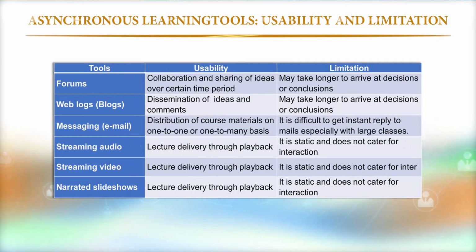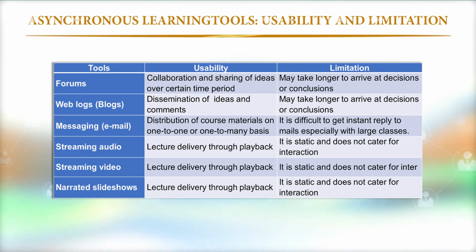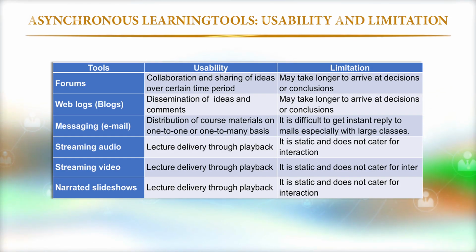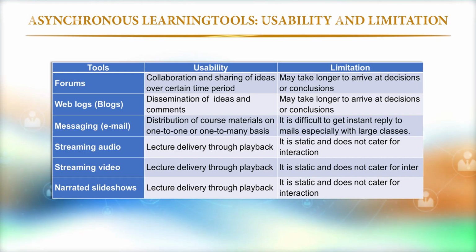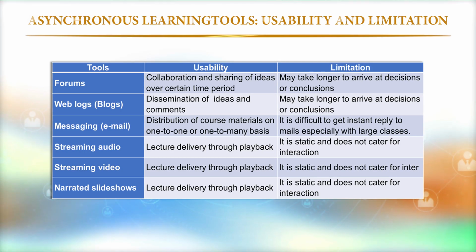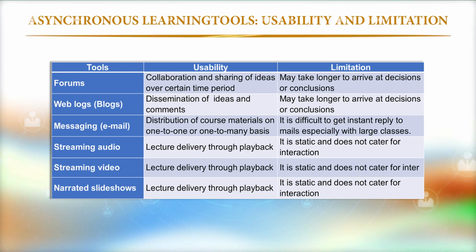And what are the usability and limitations we can discuss here? For example, if we are using a discussion forum, that will be for collaboration and sharing of ideas over a certain time period. The limitation for the discussion forum is that it may take longer to arrive at a conclusion.